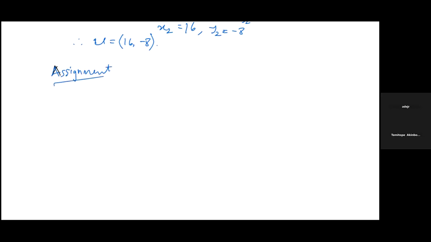Number one says that point A has coordinate (1, 8).